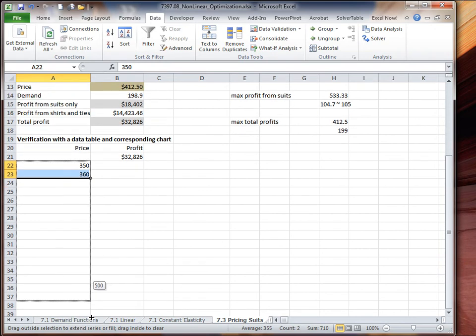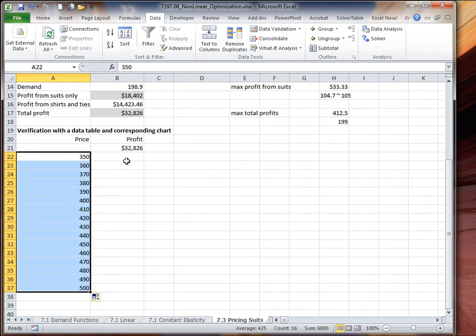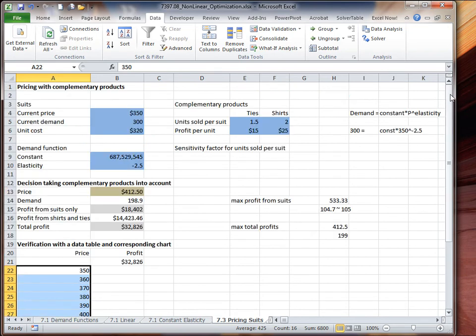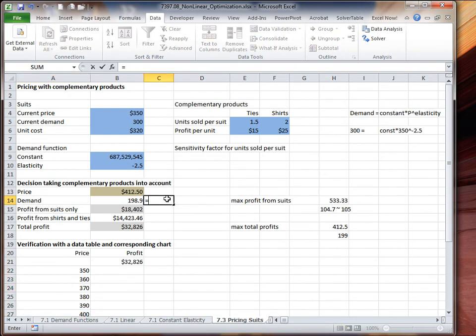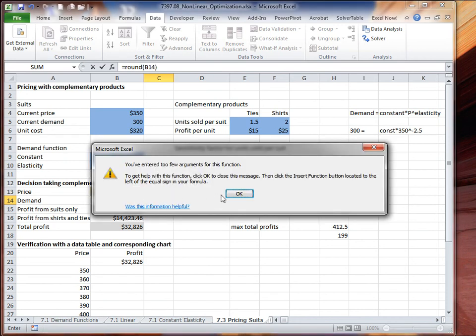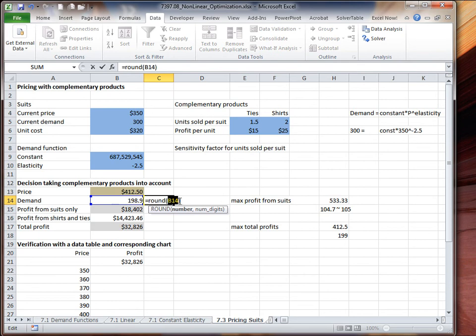You could maybe put the price in a round formula, so they have to get a whole number for the demand. Equals round. Well, what I would do is I would do it over here. Oh, I have to give it a 0, don't I? I can't do it in this calculation here.